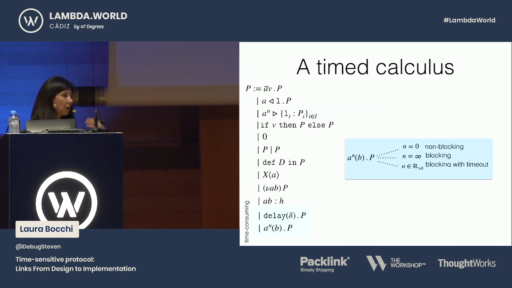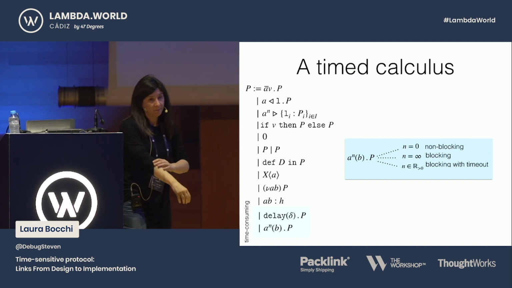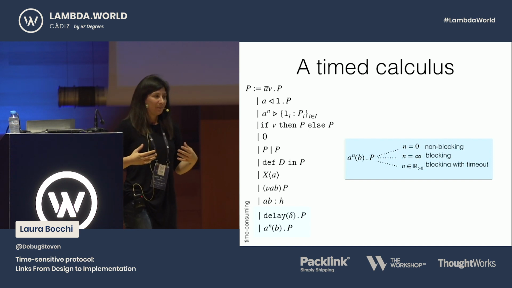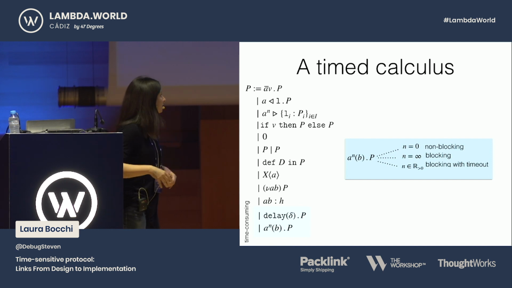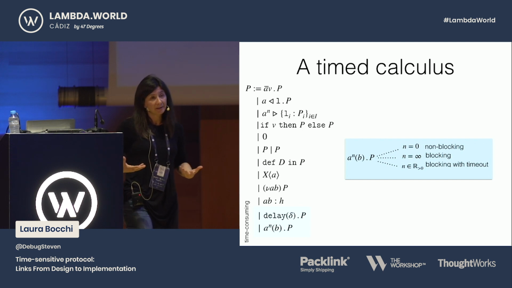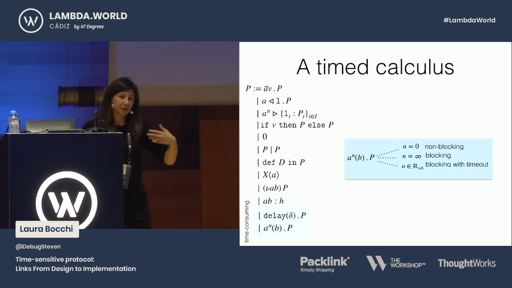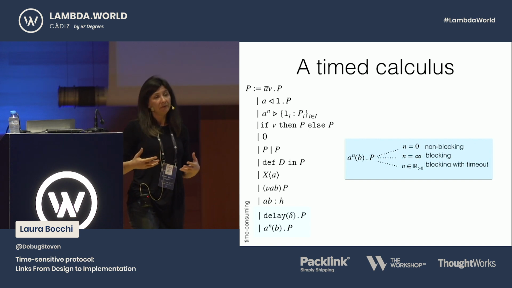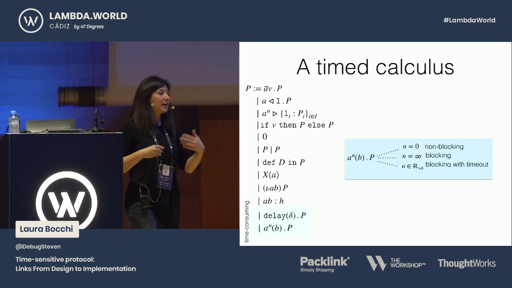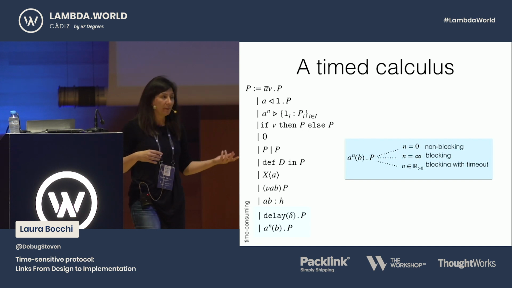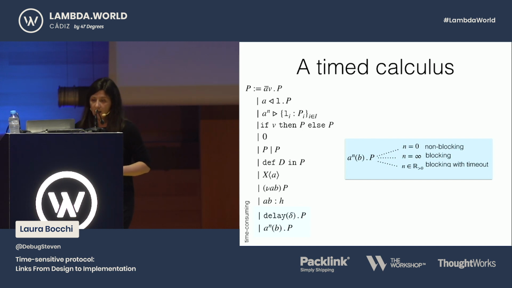Right. On top of that, we also want some primitives that model the flowing of time passing. And there are two ways in which time can flow. It can flow internally, so you can have a sleep primitive, or you can have the invocation of a time-consuming function. And these are all modeled with a delay delta primitive.